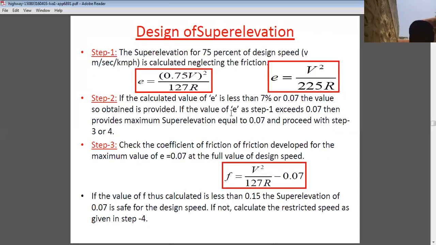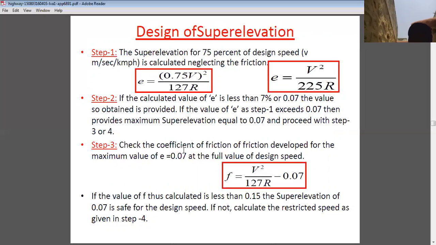Whatever value you get should be provided. If the value of e in step 1 exceeds 0.07, then provide the maximum super elevation equal to 0.07 and proceed with steps 3 and 4.